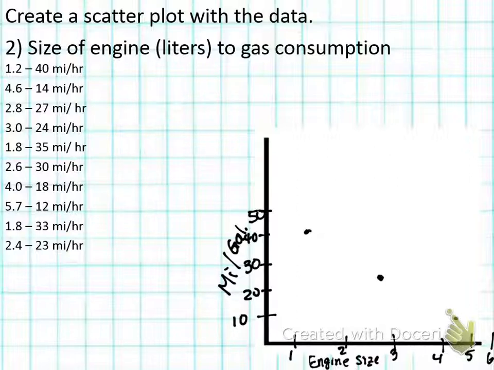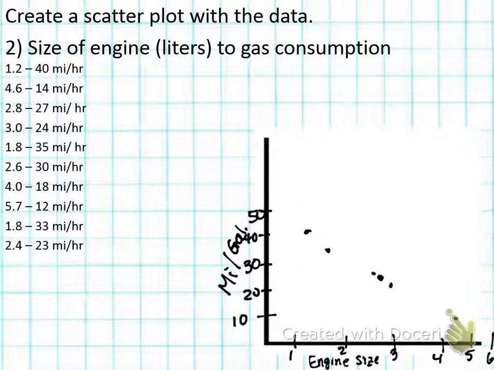And then next one is 3 liters, 24 miles a gallon. Next one is 1.8 liters, 35 miles a gallon. Next one is 2.6 liters, 30 miles a gallon. It's about there. Let's see right here.